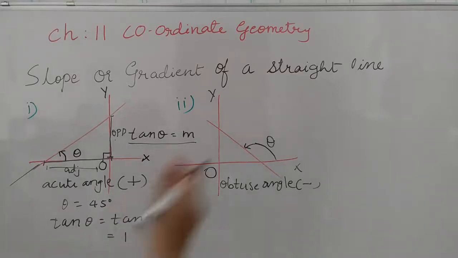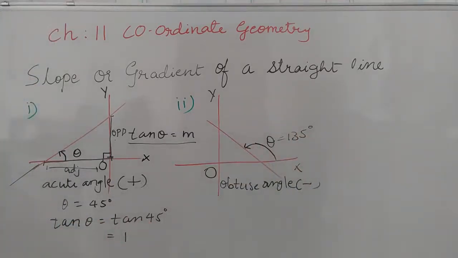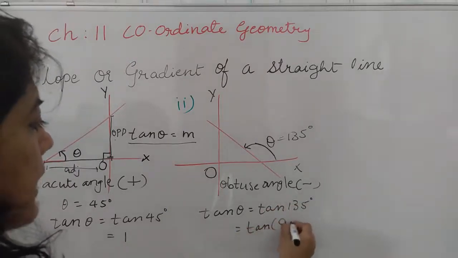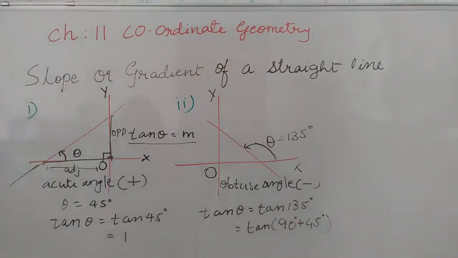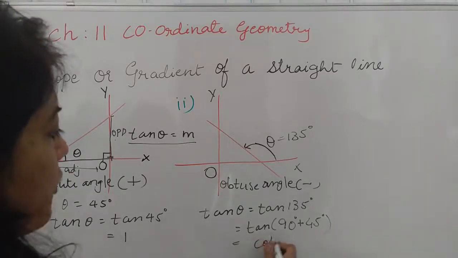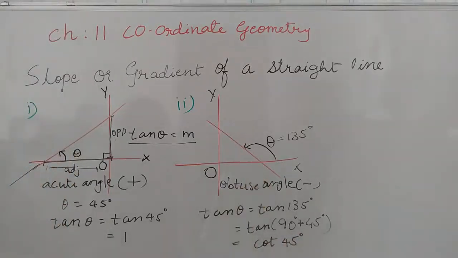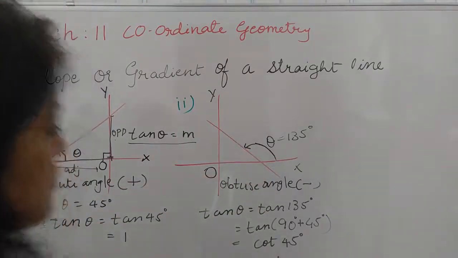But if the angle is 135 degree, you can see it is forming an obtuse angle. So let theta be 135. So tan theta is equal to tan 135. Now students, this tan 135 we can write as 90 plus 45 degree. Why? Because 135 directly is not possible. So we write 90 plus 45. So it becomes cot 45 degree, which will always be minus, because when it is in the obtuse angle it is minus, and cot 45 is also 1.